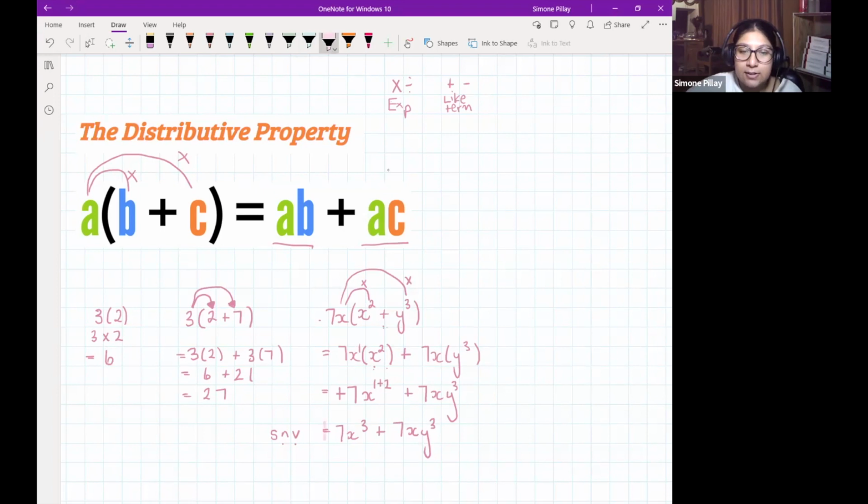In this step of my expression, do I have like terms? Rory-san is saying no, and you are correct. They are unlike terms. Why? It's not the same variable and it's not the same exponents. So they're not like terms, and this is as far as I can go.